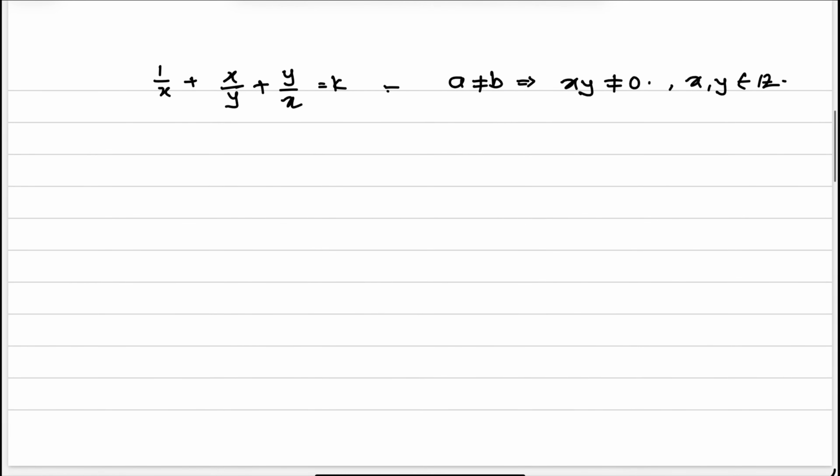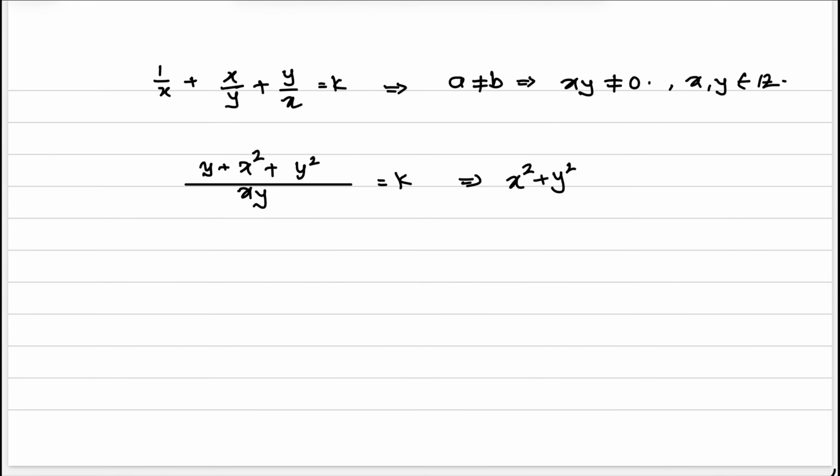Now from this equation, what we get? We will take xy as LCM. That gives y plus x square plus y square is equal to k xy. That implies x square plus y square plus y is equal to kxy.